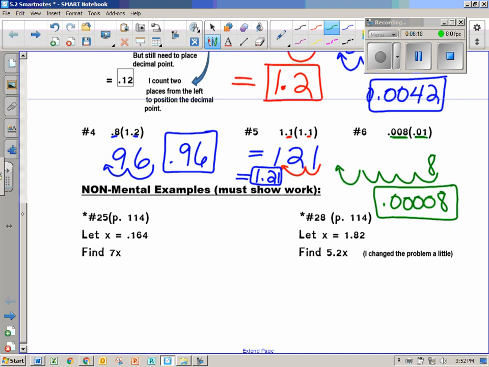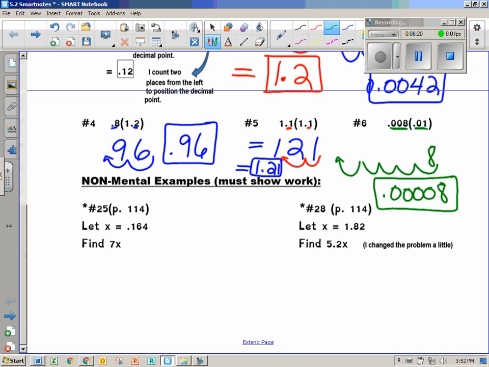Then there's some problems that you will need to show work on. And when you show work for multiplication of decimals, the multiplication work is your support. So it's not scratch paper. It's not scratch like we were doing previously. So this is an example from page 114 where your homework comes from, problem number 25.